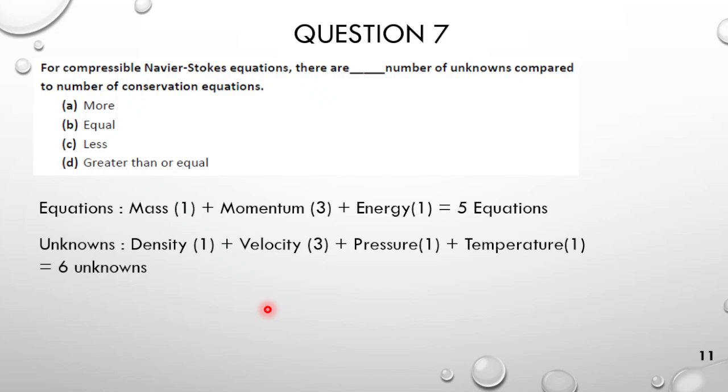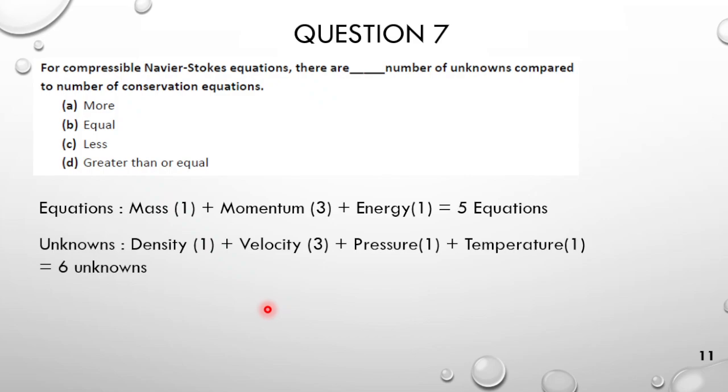It's not a Navier-Stokes equation. That particular sixth equation is used to close the gap. After that, the number of unknowns will be equal to the number of conservation equations.